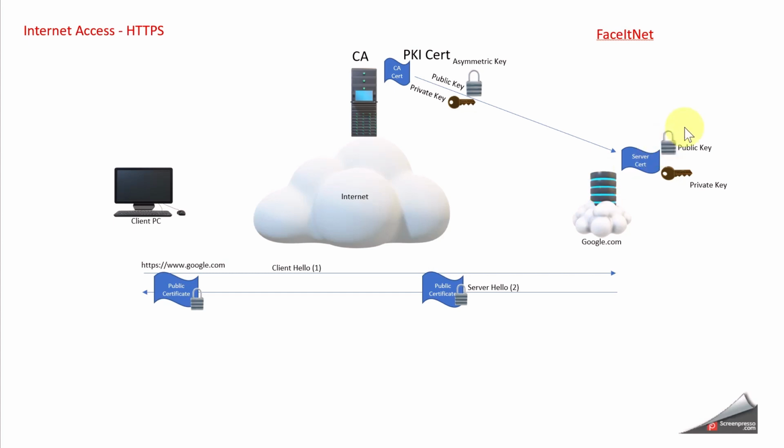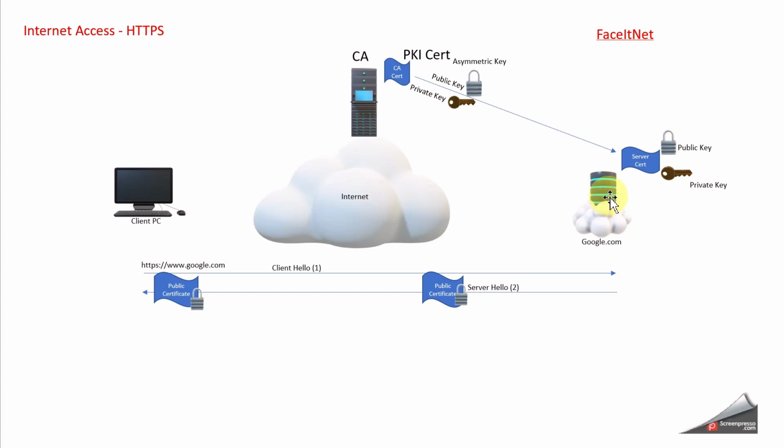That certificate has a public key and a private key. The private key is private, so you cannot share it with anyone. It's only available with the Google server. But the public key is available everywhere. Anyone who wants to communicate with the Google server will have this public key. That means the Google server will provide the public key for the conversation.